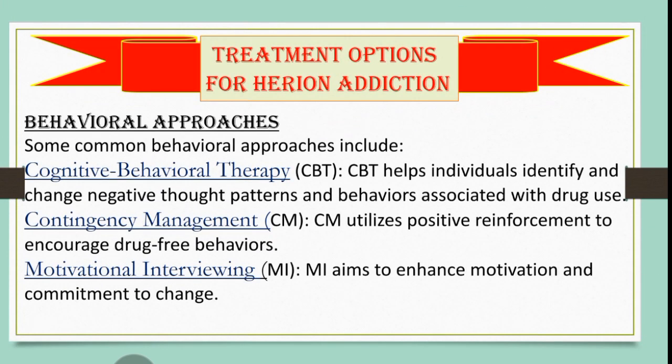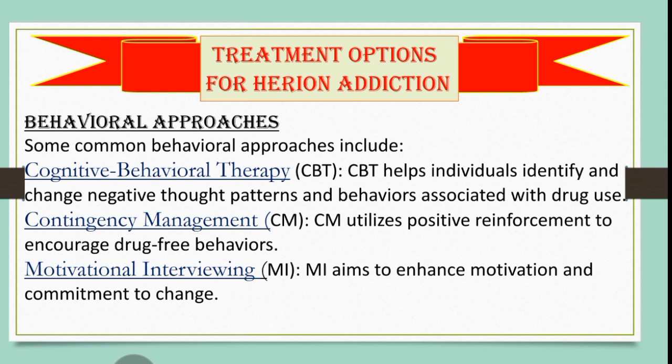Behavior approaches, which means how we can treat different patients of heroin addiction. Some common behavior approaches include CBT, CM, and MI. Cognitive behavior therapy: CBT helps individuals identify and change negative thought patterns and behavior associated with drug use. And the second one is CM, contingency management, which utilizes positive reinforcement to encourage drug-free behavior.